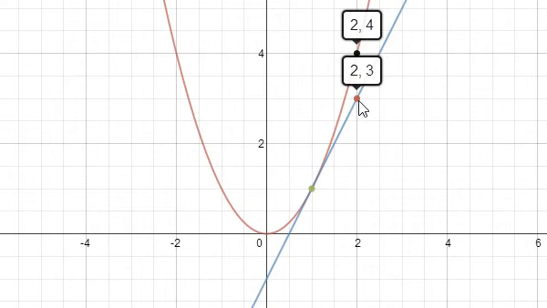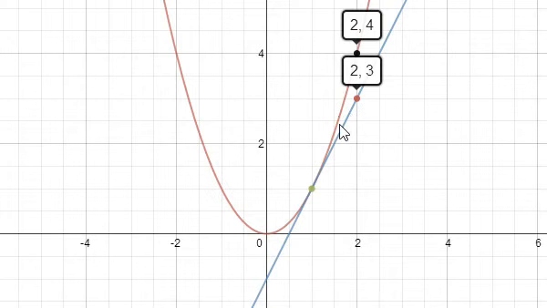And then we pick where x is equal to 2 on the tangent line, and its y value corresponds to 3. Now, I don't know if I mentioned it or not, but this is the point 1, 1. Well, take a look at the y values. We have 4 and 3. So if we were trying to get an approximation of the y coordinate, that's a difference of 1, and I don't think that's going to be a very good approximation.